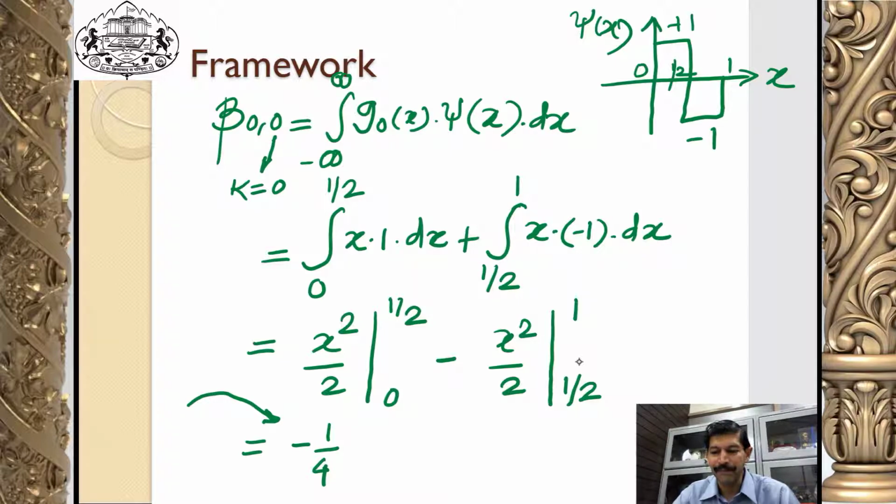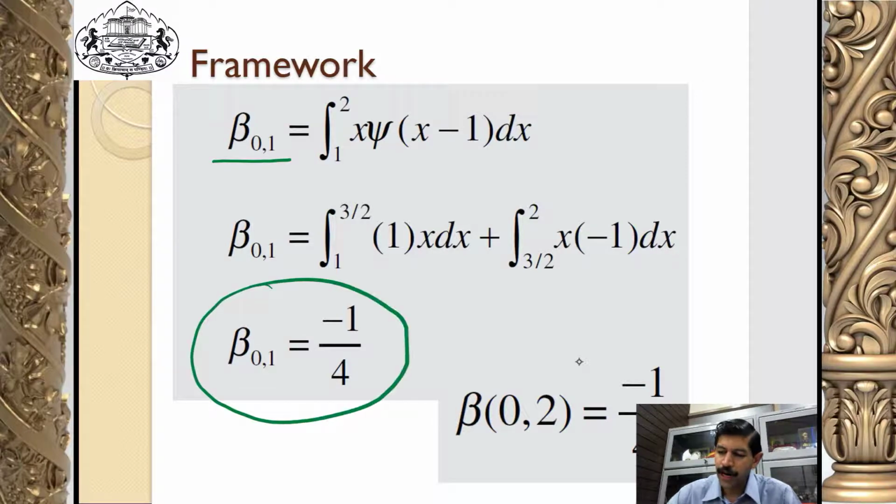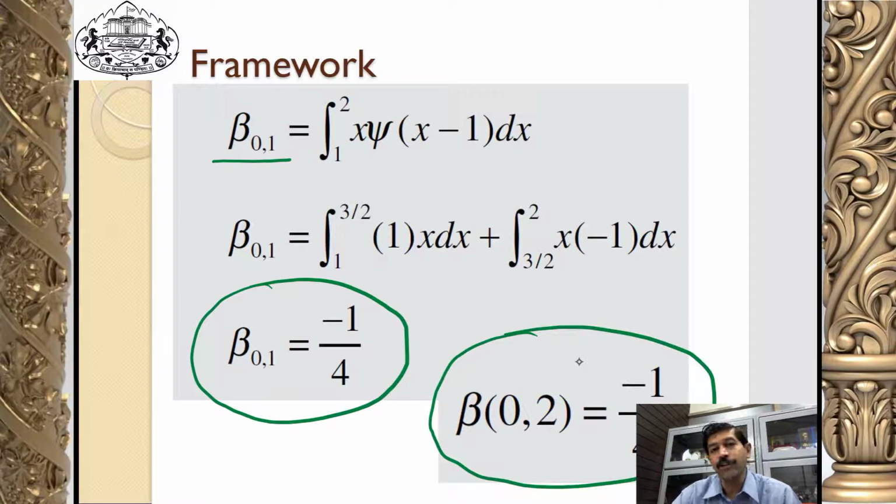That's what we say. I would request viewers to please confirm the remaining beta values, and these beta values will look like this. Beta 01 will also be minus 1 over 4, and beta 02 will also be minus 1 over 4 because the slope is consistent, and so the beta values will also be consistent.